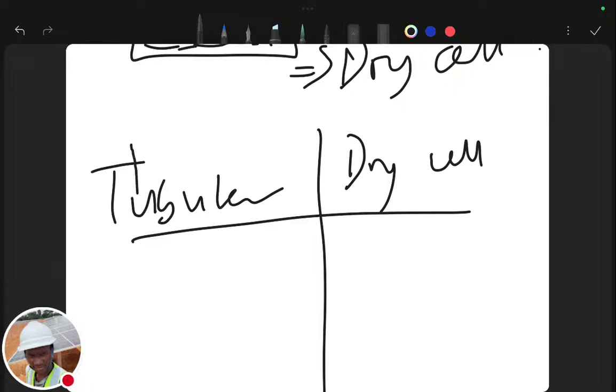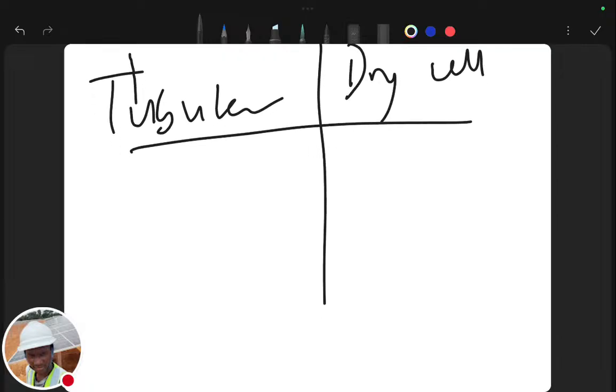Well, tubular battery is flooded, it is wet. The dry cell has a gel electrolyte, and tubular batteries have maintenance needs. You have to maintain it. You have to make sure the water doesn't evaporate. You keep it away from heat sources so the water doesn't evaporate.